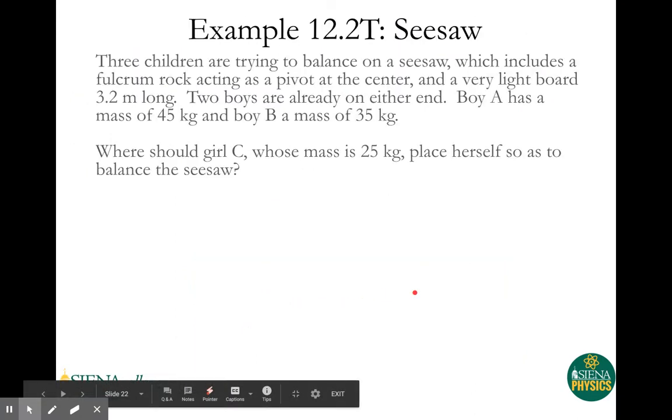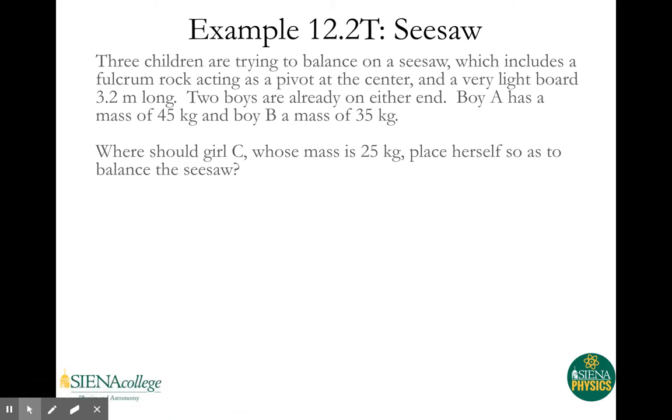Okay, so let's do another problem. So now we have a seesaw. Three children are trying to balance on a seesaw. So we have a fulcrum and a rock. We're just going to draw a long board, and we have a fulcrum in the middle. That's how a seesaw works. It's just a little pivot point in the middle. And we know that the length of the board is 3.2 meters.